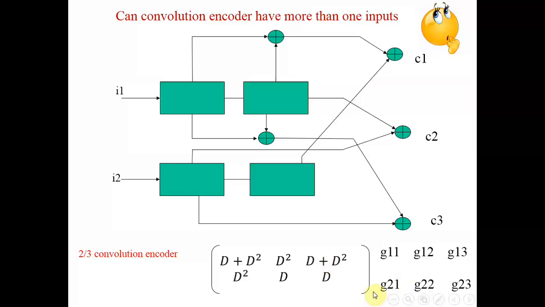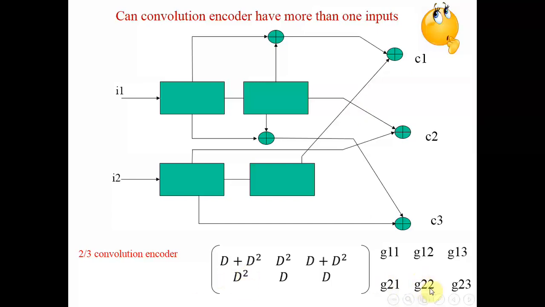Now I talk about G21. From 2 to 1, how do I go? If I look at the lower circuit, for C1, this arrow is contributing to C1 and it is directly the output coming from the second flip-flop. There is no first flip-flop involved, there is no input involved. So this is directly D square. So G21 is D square.